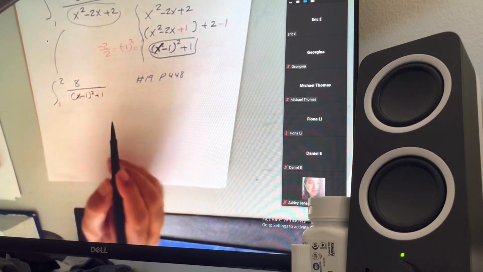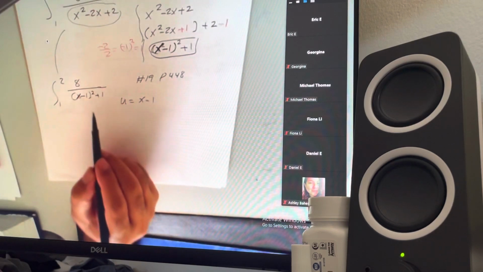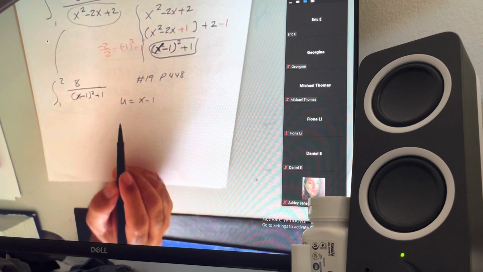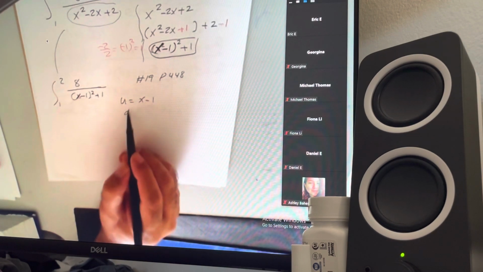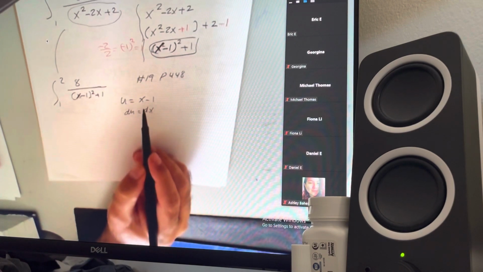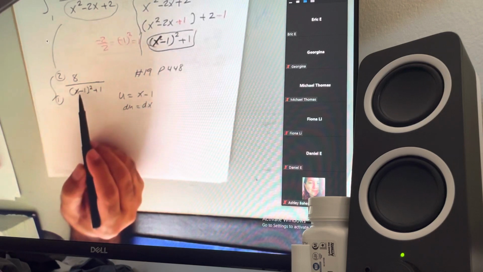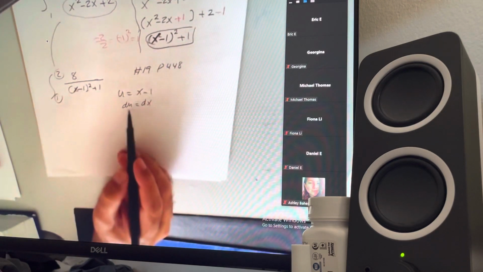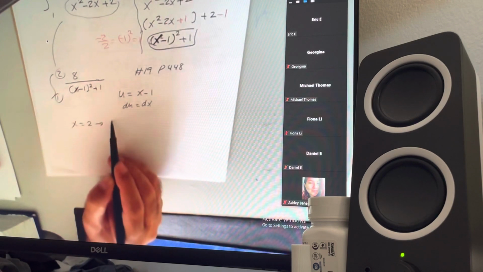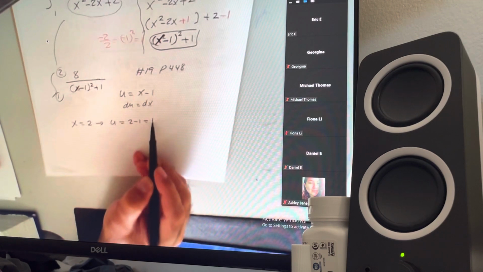Okay, so our u is x minus 1. So du will be just dx. It's 1 dx. And now we have to change the limits. So if x is 2, u will be 2 minus 1, which gives you 1.